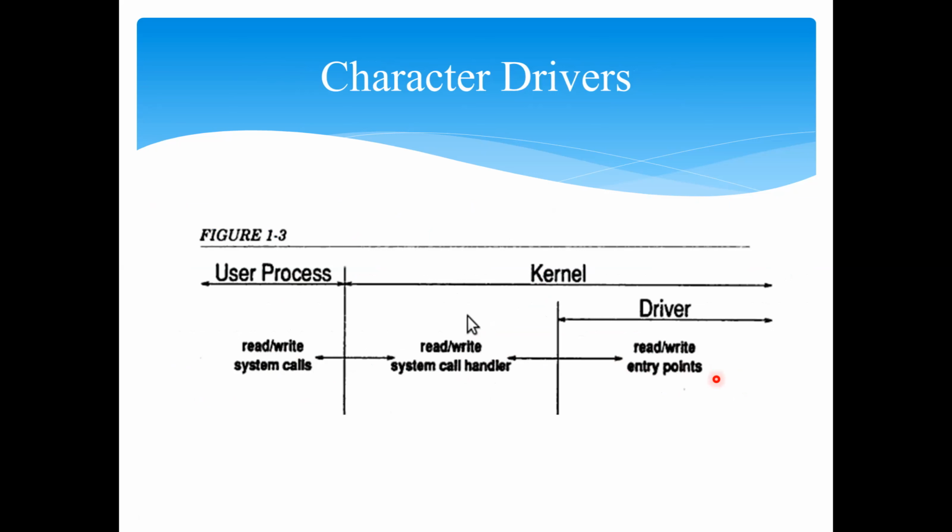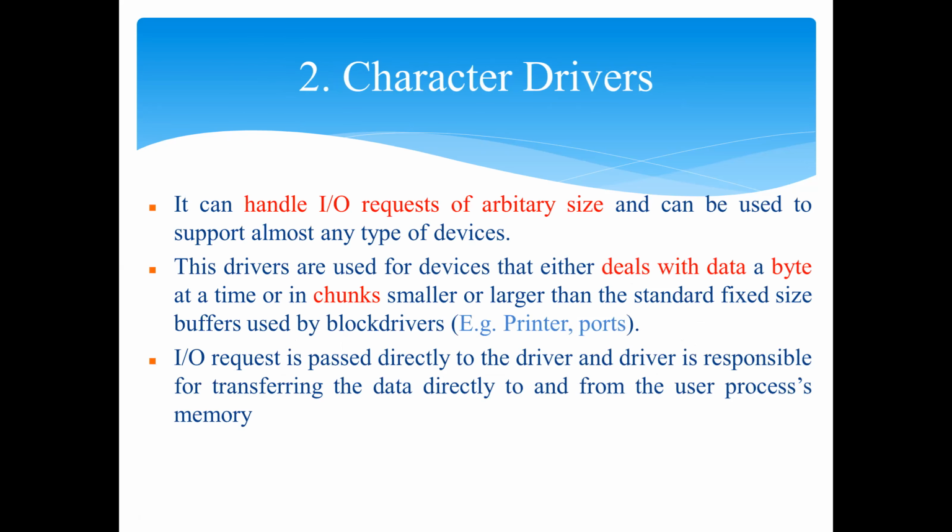I'll show you in the next slide. So with those routines, the driver will fetch the required data, send it back to the handler, which in turn will send the result back to the user process. So here the communication happens directly. Driver directly responds to the user request. So that is this point: the request is passed directly to the driver, and the driver is responsible for transferring the data directly to and from the user process memory.